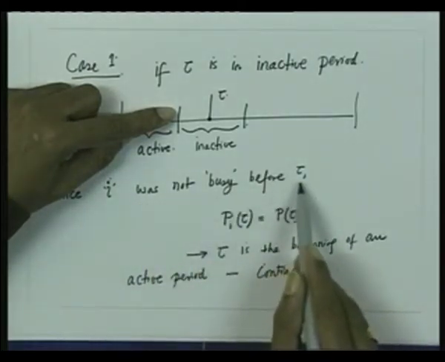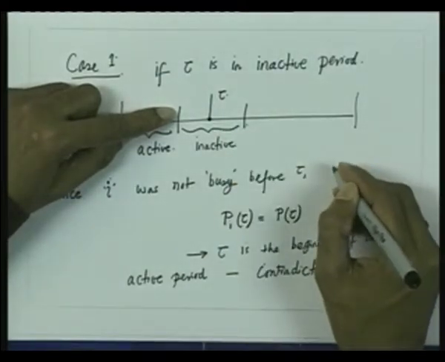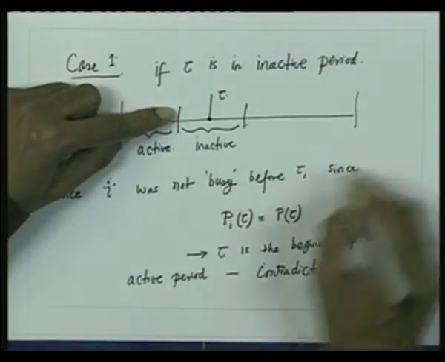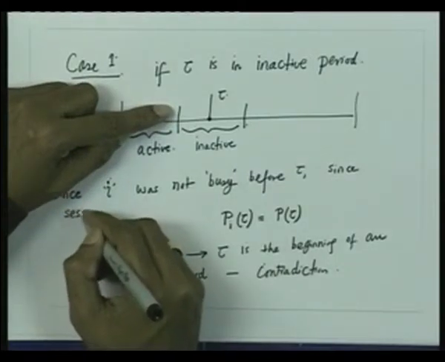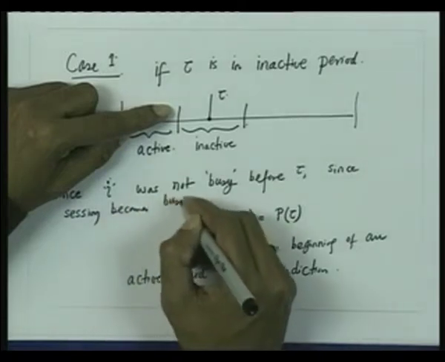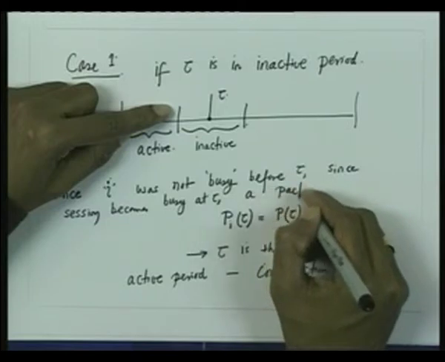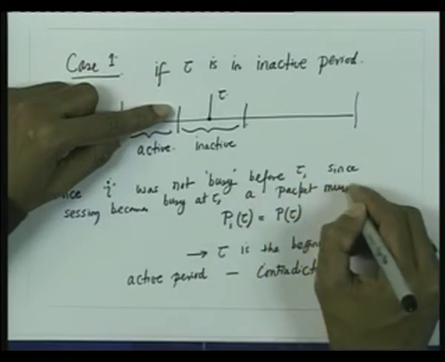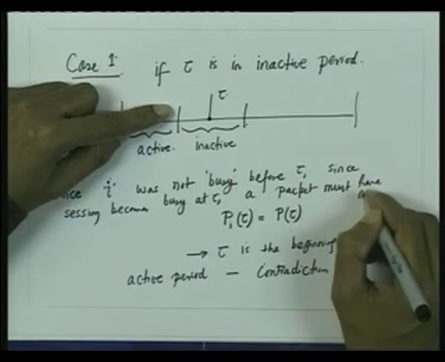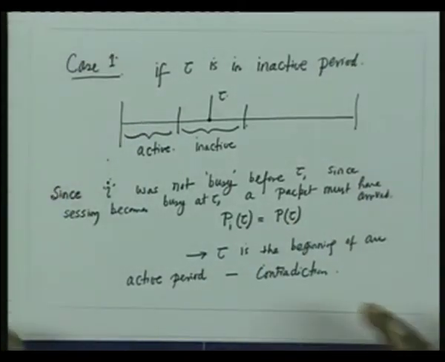Since i was not busy before tau, and the session became busy at tau, a packet must have arrived. And therefore pi tau should be equal to p tau. So this is the first case, where tau is in the inactive period.